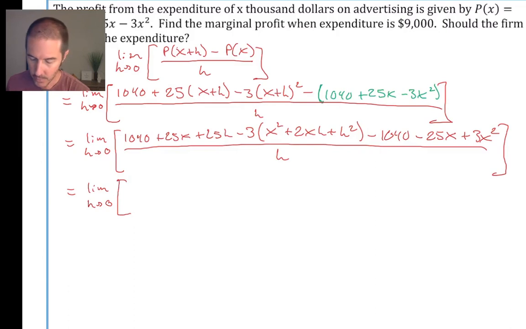Now I'm going to distribute my multiplication by -3 to these three terms. Oh, careful.